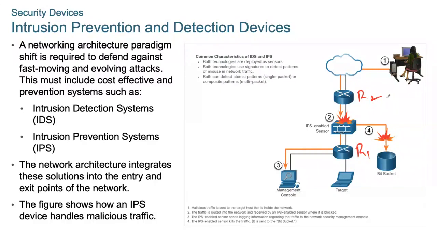So as we are saying, the next generation firewalls include the intrusion detection and intrusion prevention system at the network entry point and exit point. So in this network, is it a private network or a network of networks?